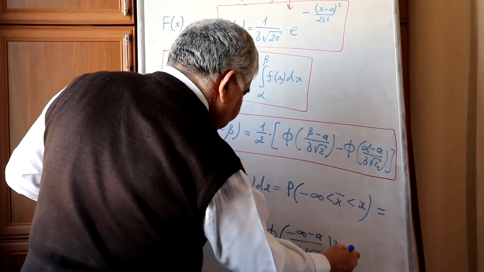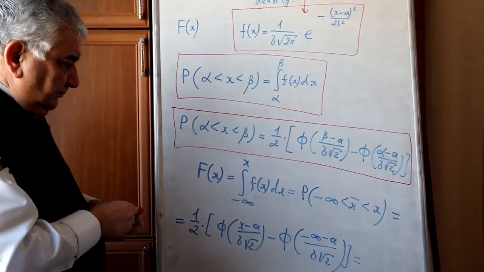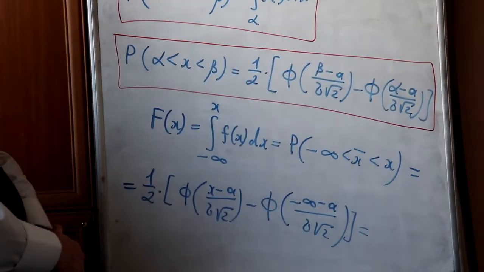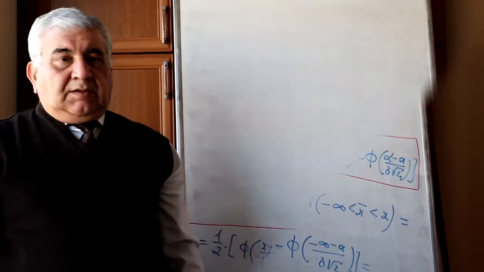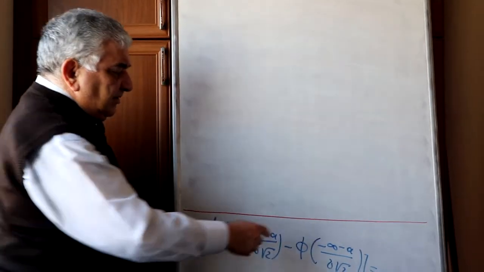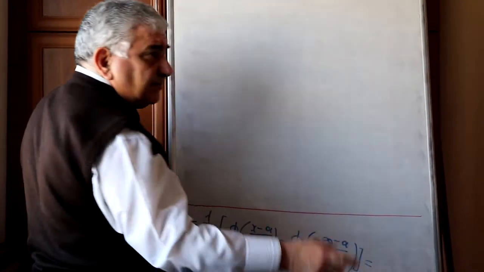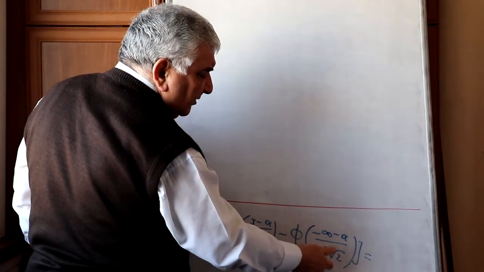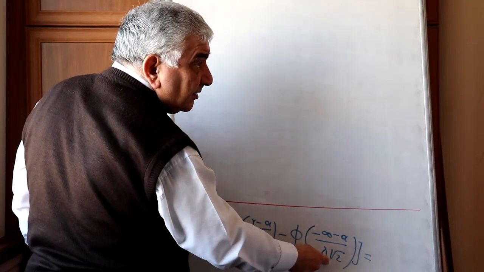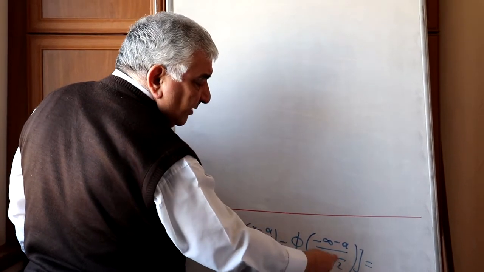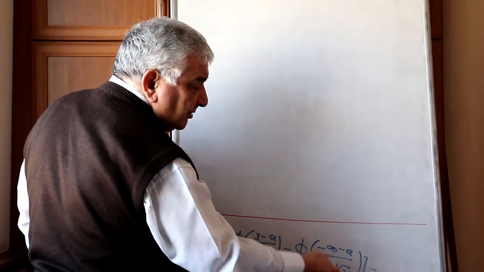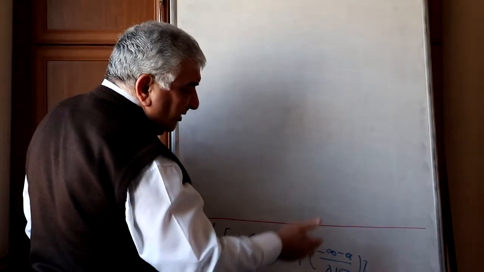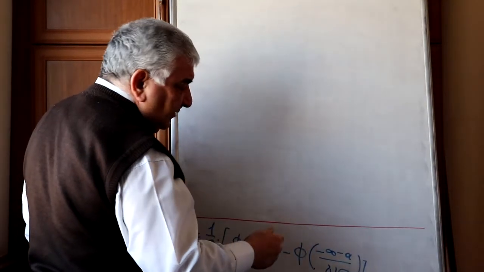Then continue. Minus infinity minus a is minus infinity, and minus infinity divided by a positive number, sigma is a positive number, we will obtain minus infinity.